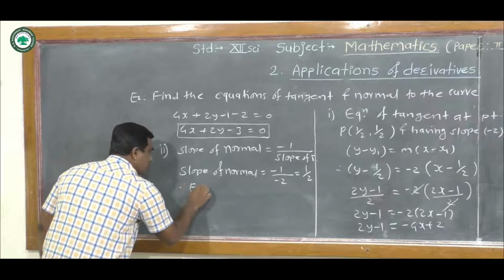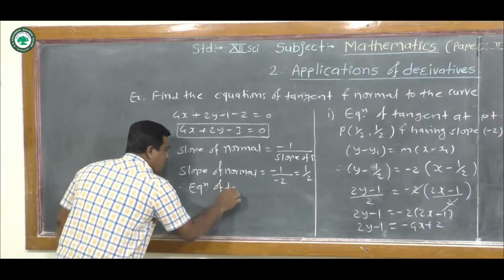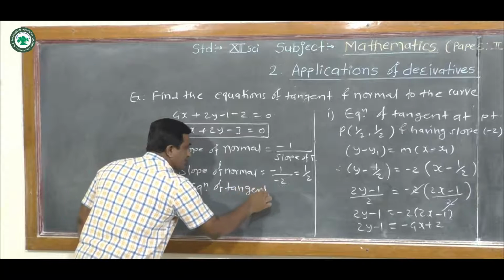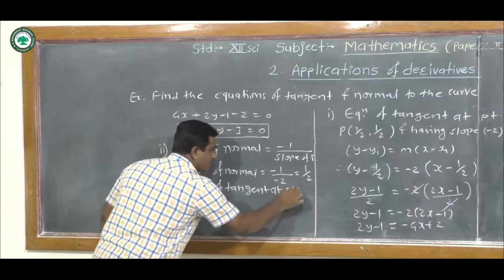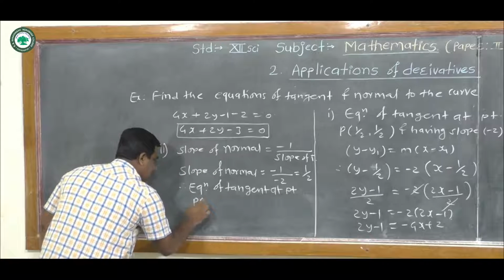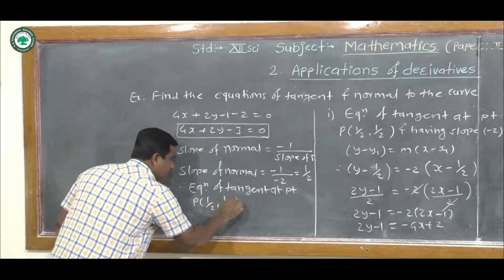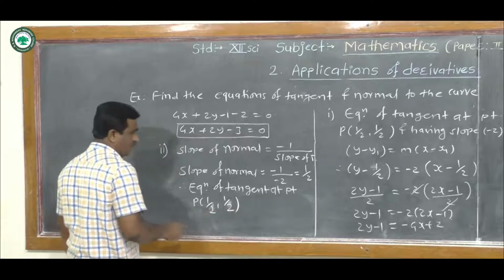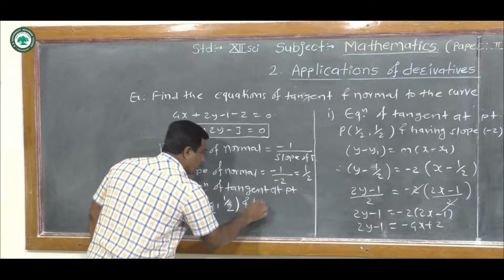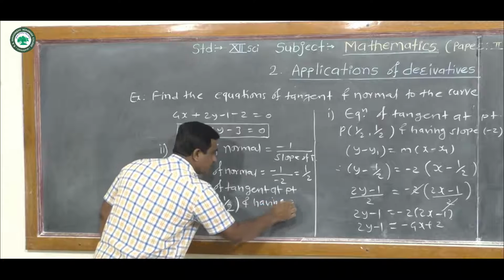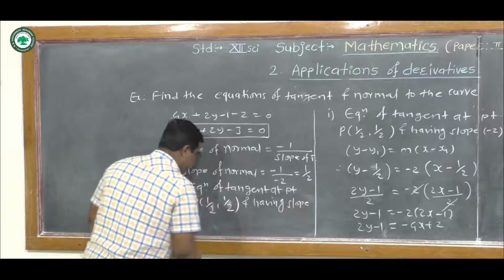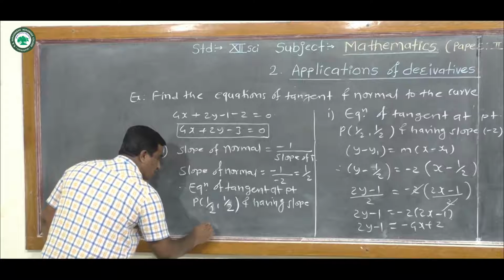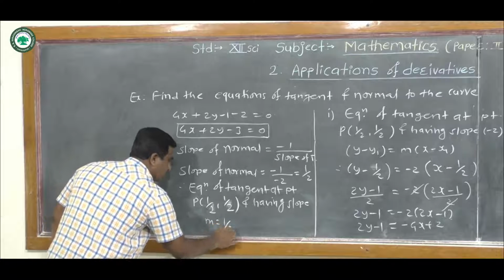Therefore, equation of normal at point P(1 by 2, 1 by 2) and having slope m equal to 1 by 2.